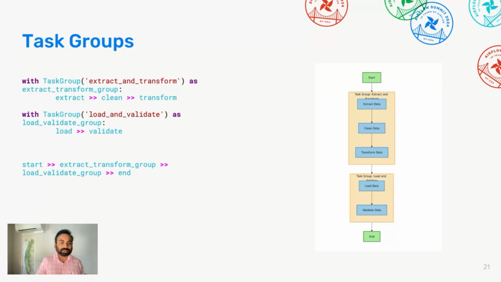That way we do not have to deal with the underlying components when we are defining dependencies. Even in the Airflow UI, each task group would show up as a single component.